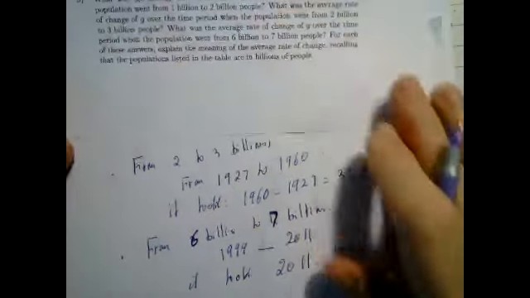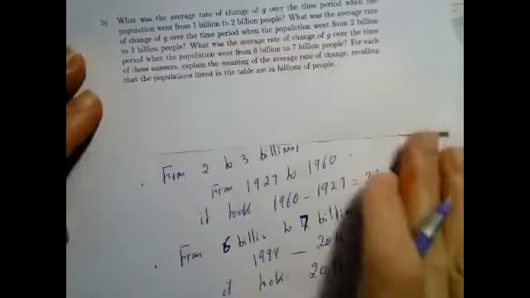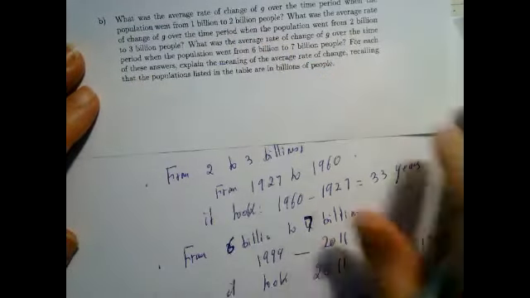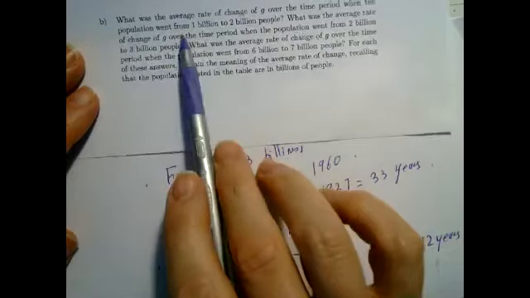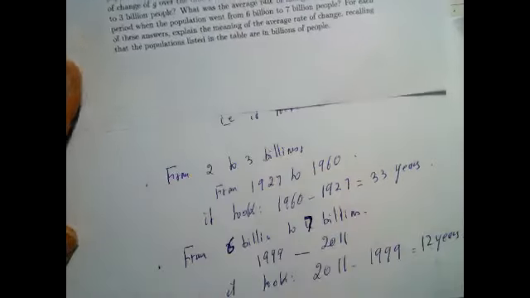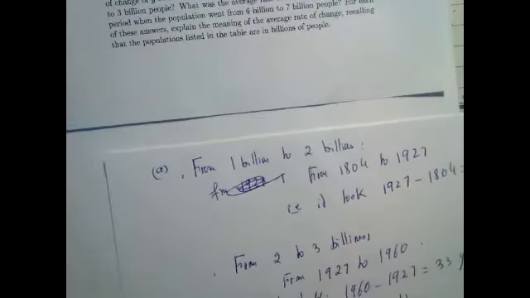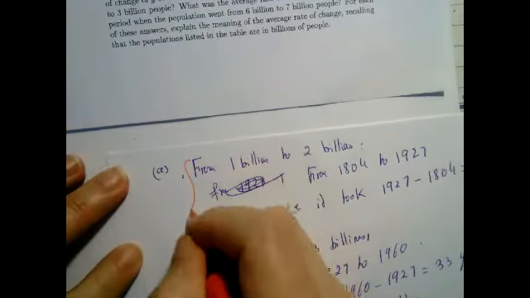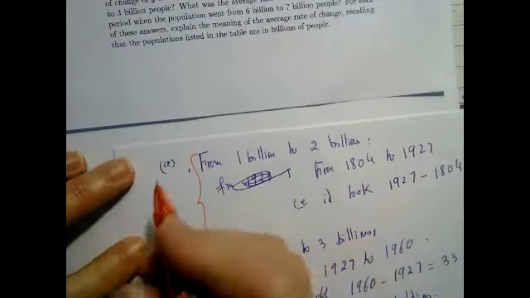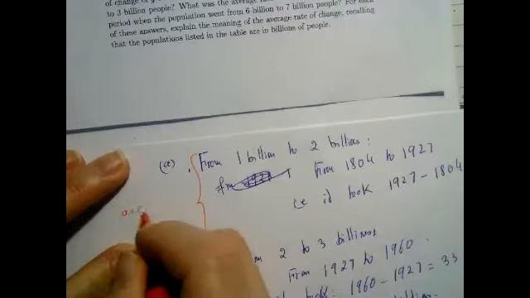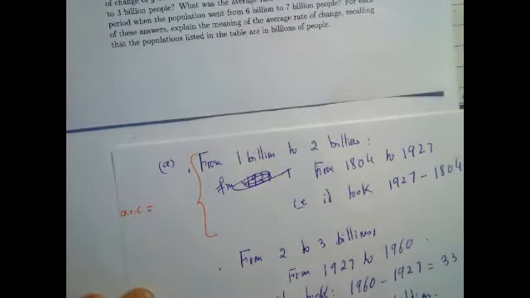I will answer now one of those questions. What is the average rate of change over the time period when the population went from 1 to 2? So when the population went from 1 to 2 billion, what's the average rate of change?